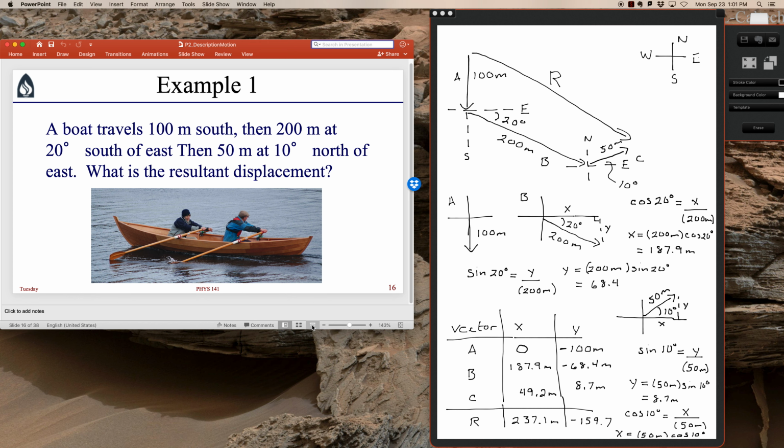So now that I have the x and y components of my resultant vector, I can go ahead and find the length and the direction of that resultant vector. So I'll need to erase this so I have more room.